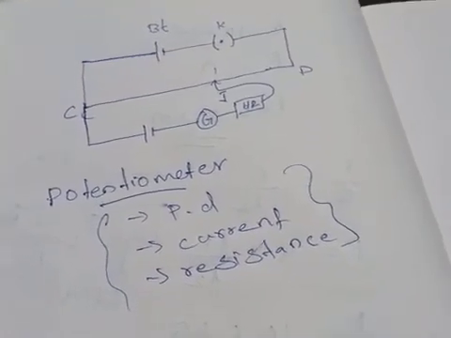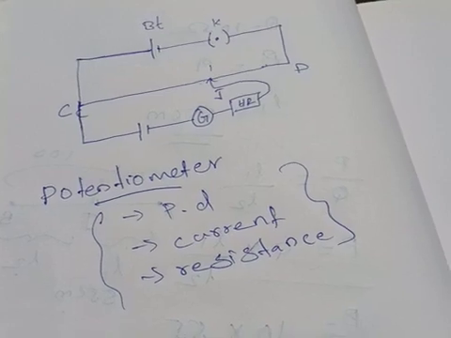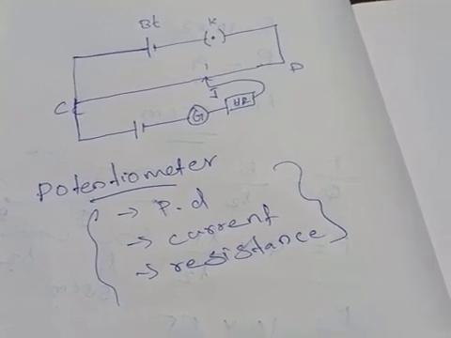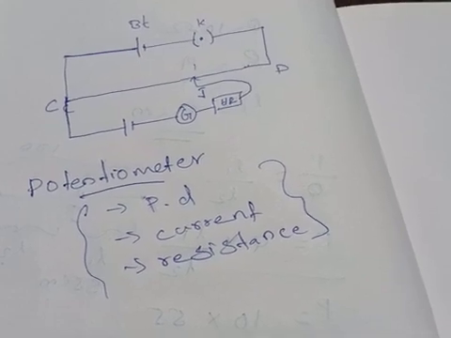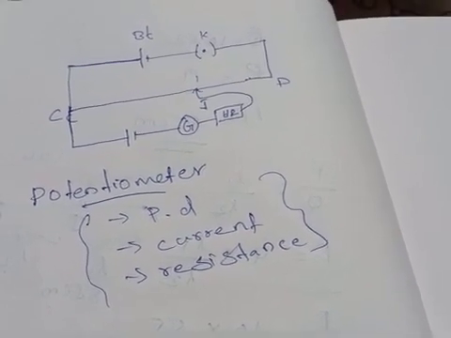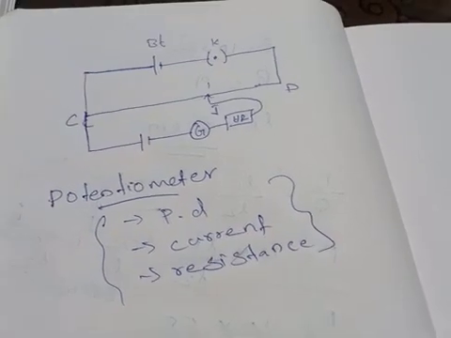So that is the use of this potentiometer. The potentiometer is used to measure accurately the potential difference, current and resistance. So that is the first thing we have to know about potentiometer.